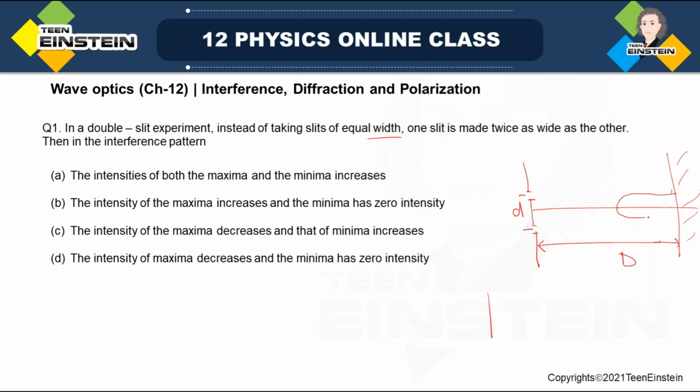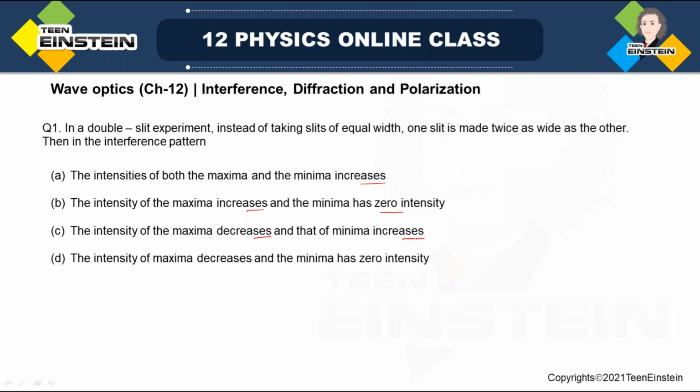Here the intensity will be maximum, this is the central bright fringe, then you will have other bright fringes and dark fringes like this on either side. The options are: the intensity of both the maxima and minima increases; the intensity of the maxima increases and minima has zero intensity; the intensity of the maxima decreases and that of the minima increases; the intensity of the maxima decreases and minima has zero intensity.